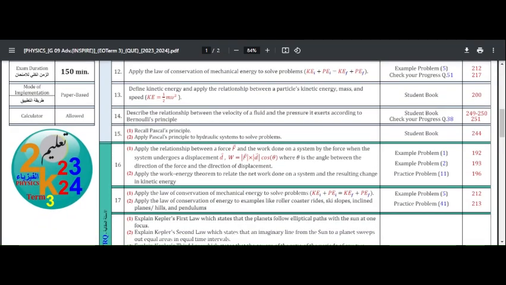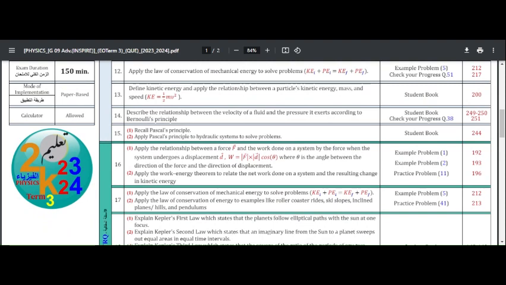Okay, then question number 12, they are saying apply the law of conservation of mechanical energy to solve problems.